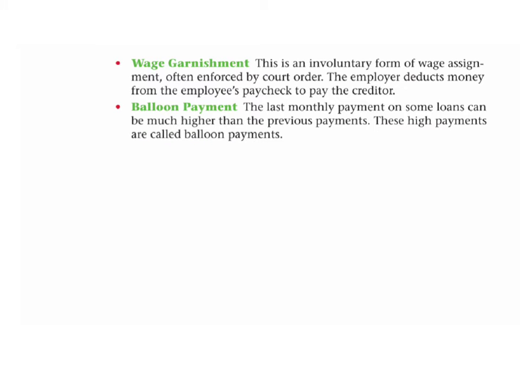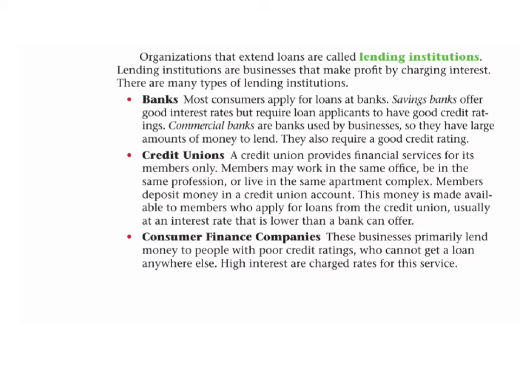Here are 2 more definitions for you. Here are the types of lending institutions that are most common: banks, credit unions, and consumer finance companies. Please read these paragraphs, and then when you are done, hit play again.